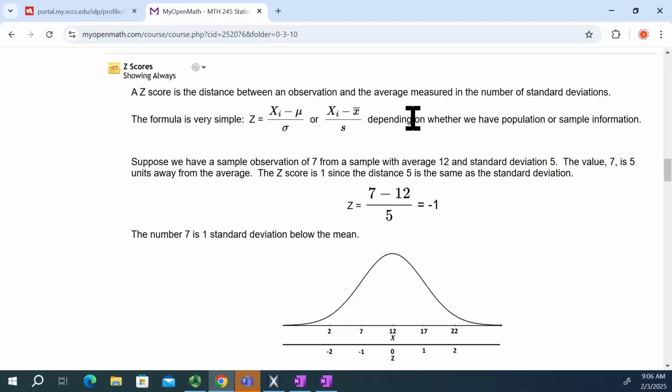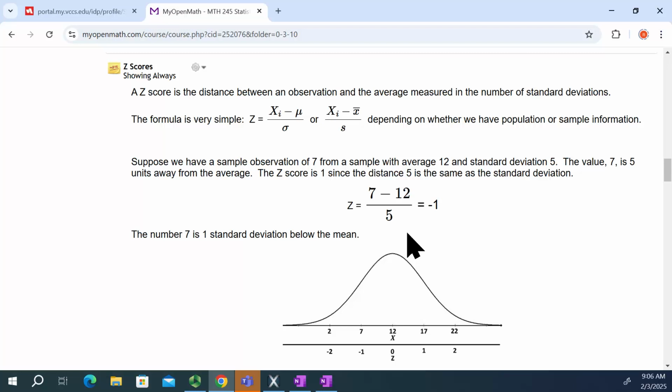So if I have an average of 12 and a standard deviation of 5, subtract the number, 7 minus 12, that means this is one standard deviation below its average. And I can do this for any sample.